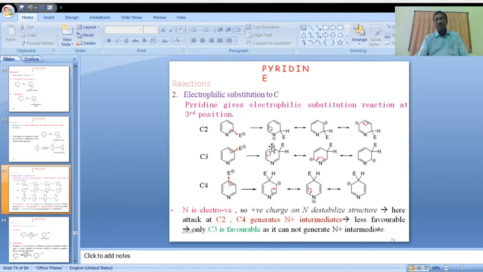From this, if the pi bond electron shifts to this side, C6 carbon gets positive. From this we can write another structure. If the pi bond electron shifts to this side to form a new pi bond between C6 and the heteroatom, C2 carbon gets positive.